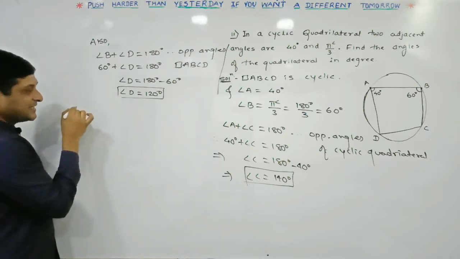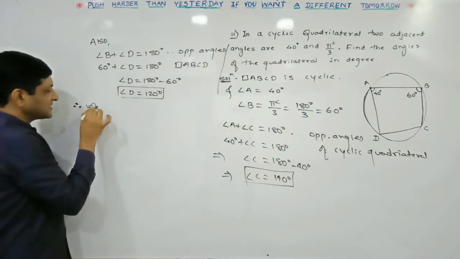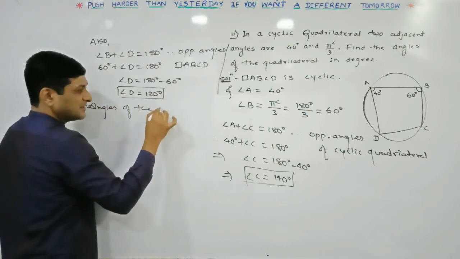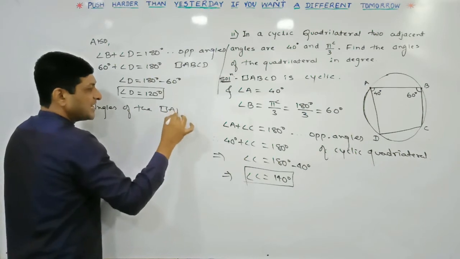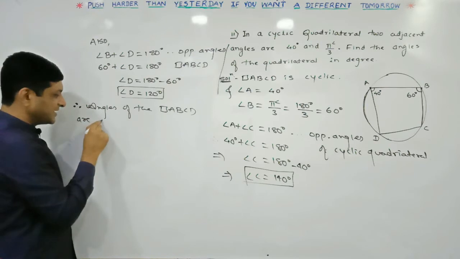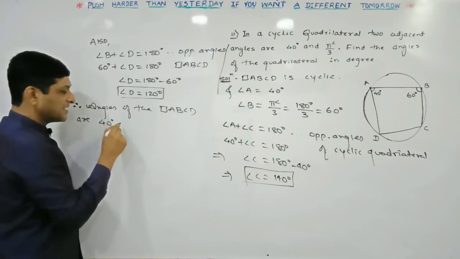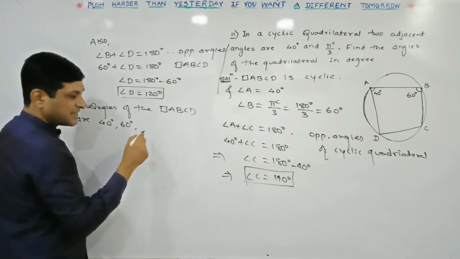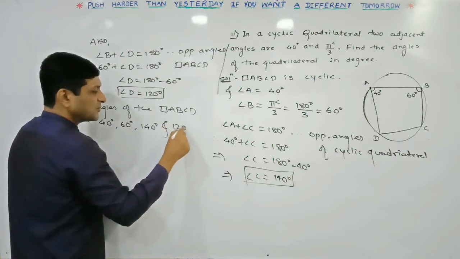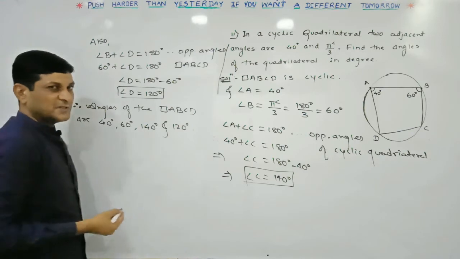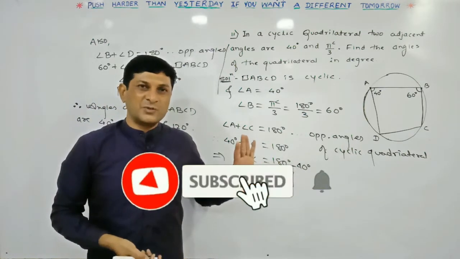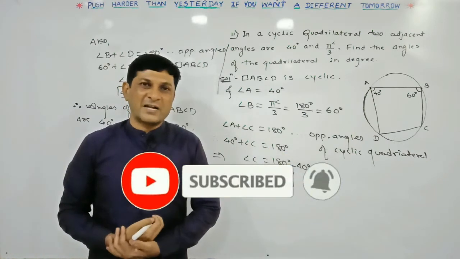So therefore the angles of the quadrilateral ABCD are: angle A is equal to 40 degrees, angle B is equal to 60 degrees, angle C is equal to 140 degrees, and angle D is equal to 120 degrees. In this way we have got the angles of this quadrilateral using the given condition that the quadrilateral is cyclic.